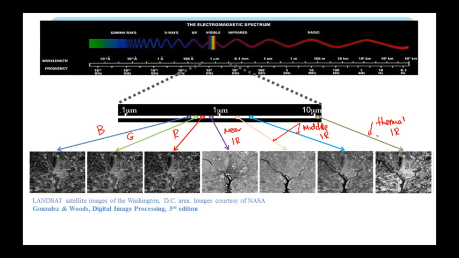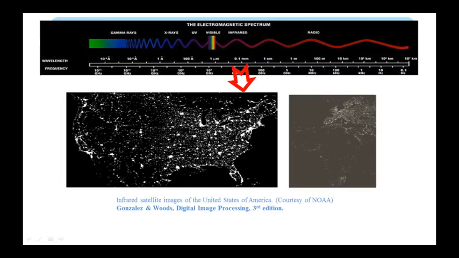Some of them can discriminate vegetation better, others moisture, other minerals, and so on. This picture shows an application of IR imaging. These images are part of the Nightline Lights of the World dataset, which provides a global inventory of human settlements.